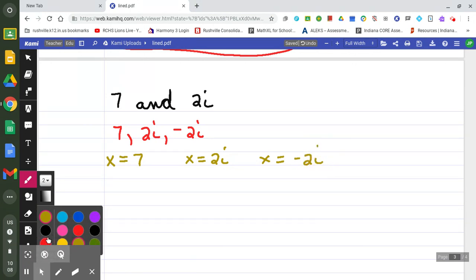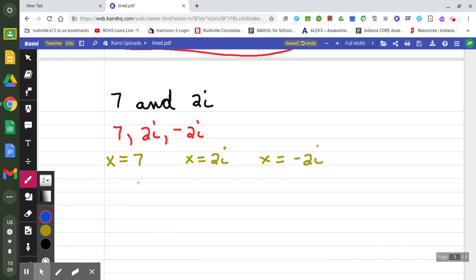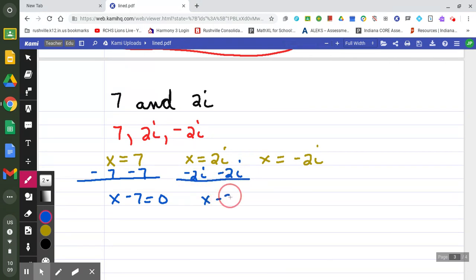The next step will be to put these equal to 0. So minus 7 on both sides, so x minus 7 equals 0. And then we're going to minus 2i on each side of the equal sign. So now we have x minus 2i equals 0.